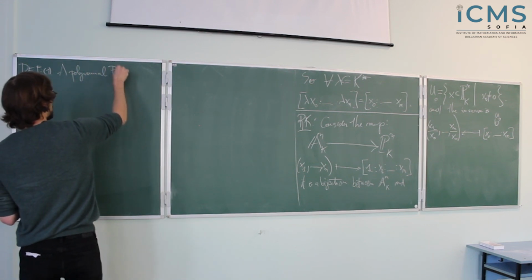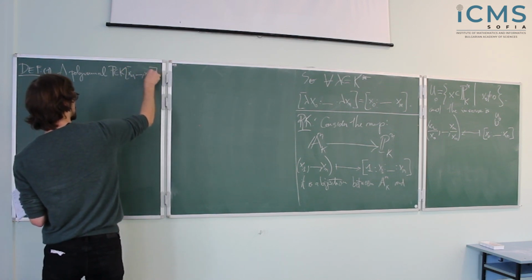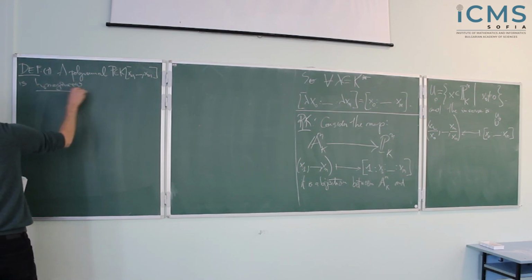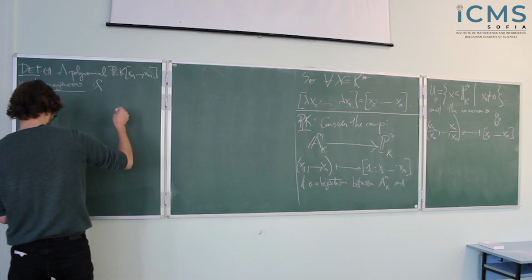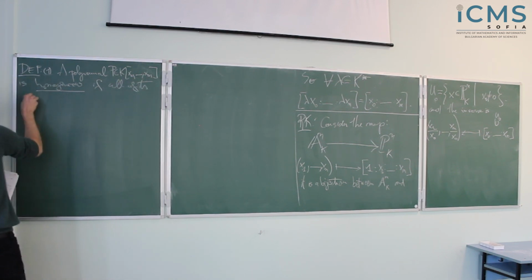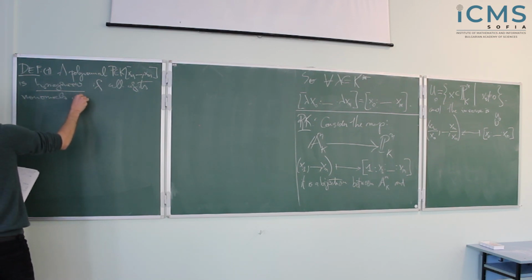Okay, so let's take a polynomial. It is homogeneous, and you have seen this already, if all of its monomials are of the same degree.